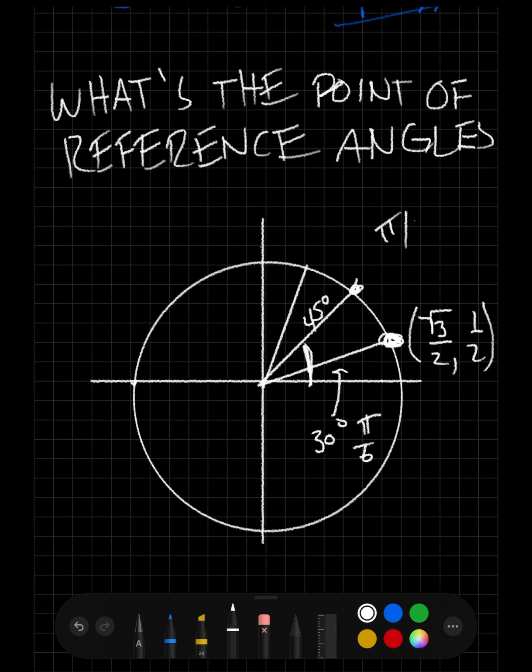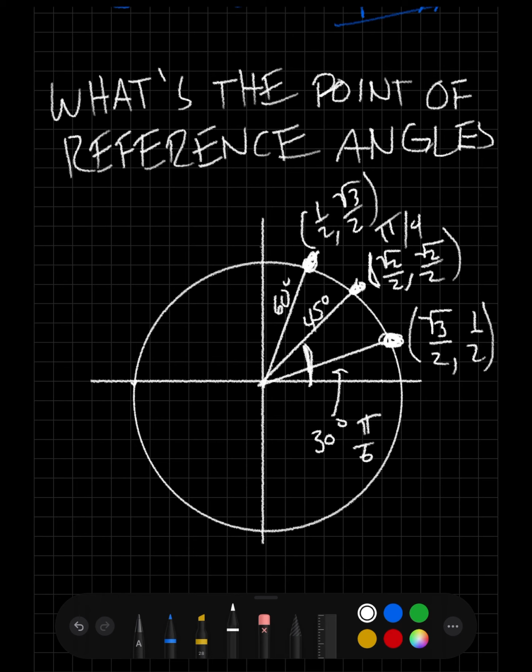That's also known as pi over 4. And our coordinates here are the square root of 2 divided by 2 and the square root of 2 divided by 2. This angle here that we're working with is 60 degrees. And the coordinates here are 1/2, comma, square root of 3 over 2.